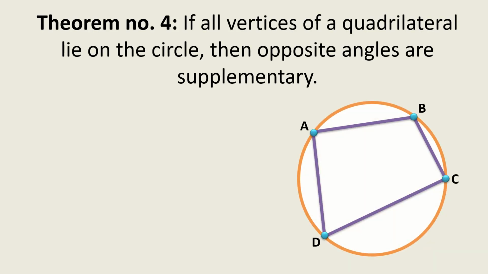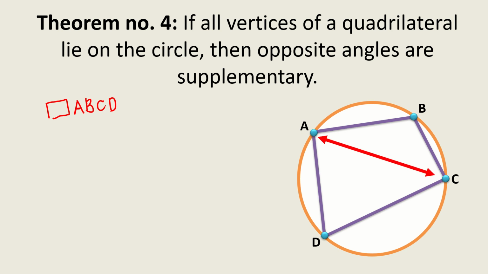Now, we have here quadrilateral ABCD inscribed in this circle. All of its vertices are on the circumference of the circle. Which of these angles are supplementary? What will be the opposite angles?